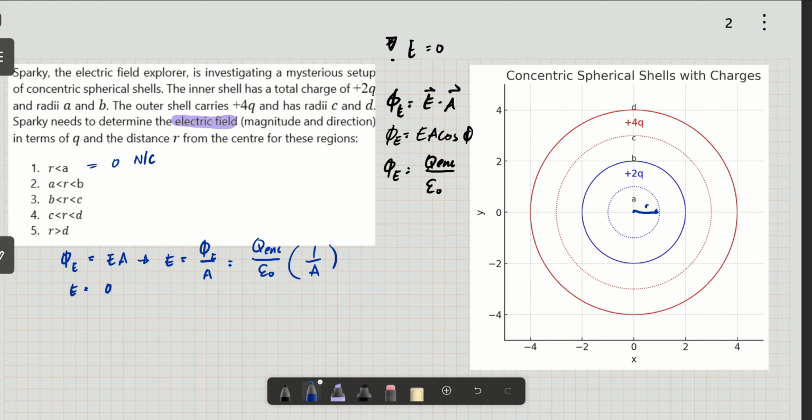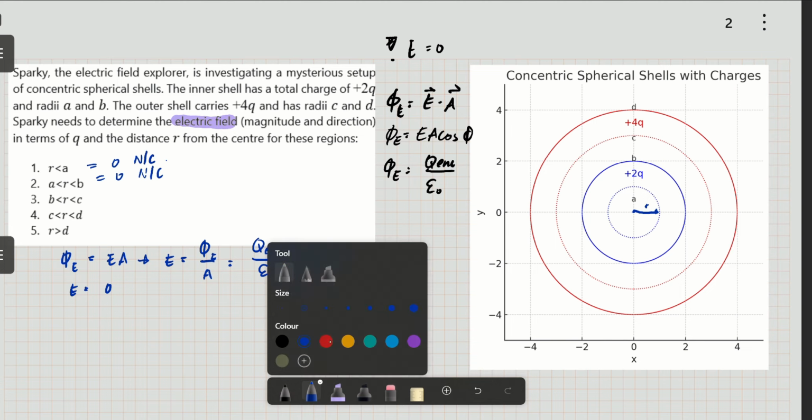Now imagine that we didn't remember that E is equal to 0 here, or we didn't remember our definition. It would be like this for number 2. But since we already know that E is equal to 0 inside a conductor, then we must have 0 newtons per coulomb here as well. Mathematically, it would look like this.